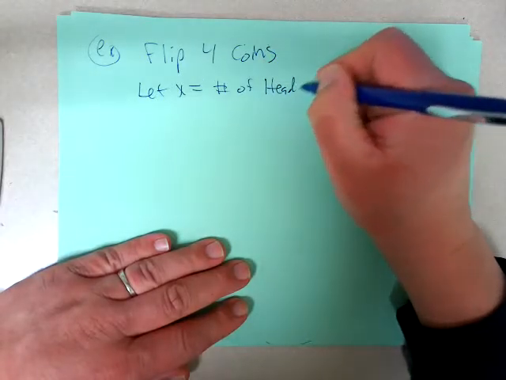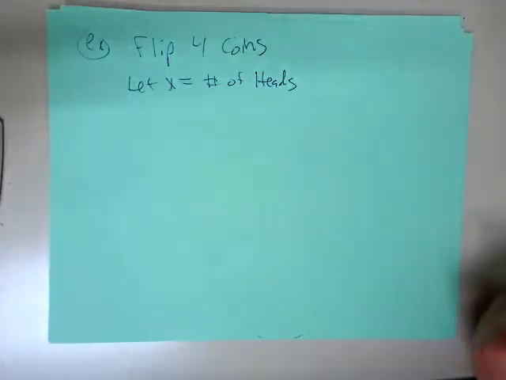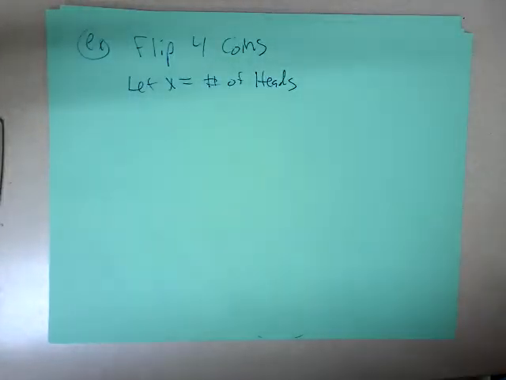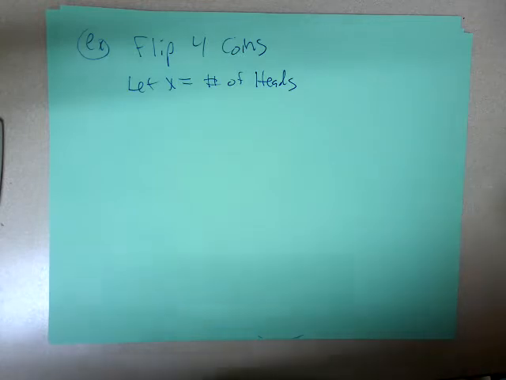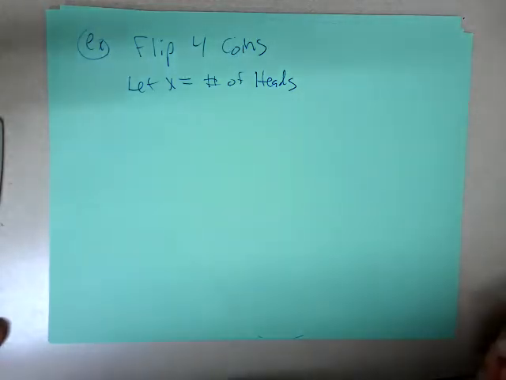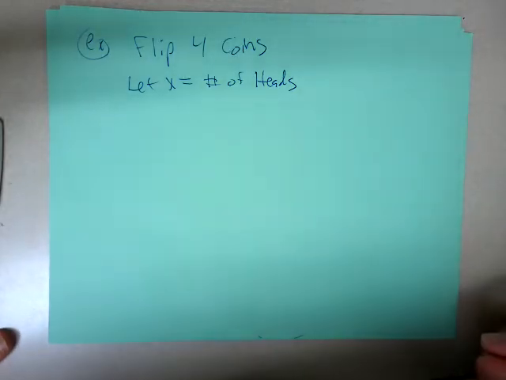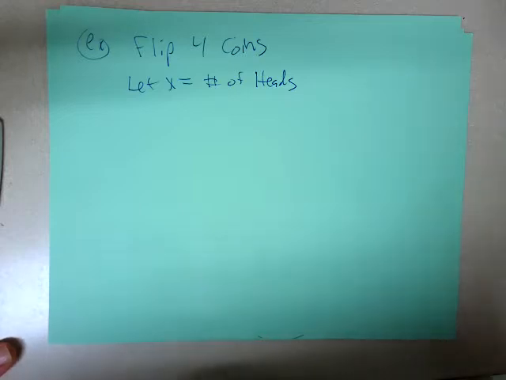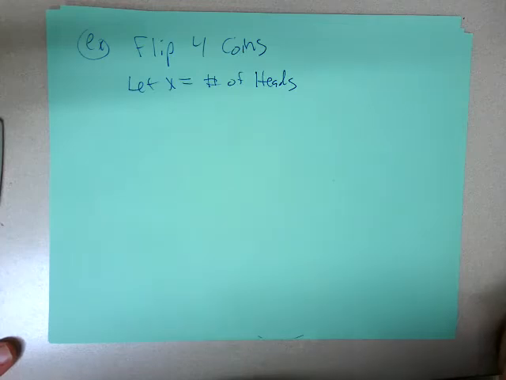Then I'll give you a chance to pause the video and see if you can find the probability distribution in this case. And don't feel bad if you're not able to. I don't think there's anything like this on the homework or the test. But go ahead, hit pause, and see how you do. Then you can start the video back up, and I'll show you the answer.